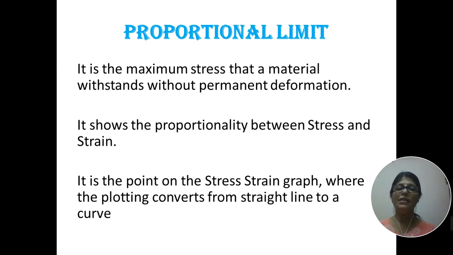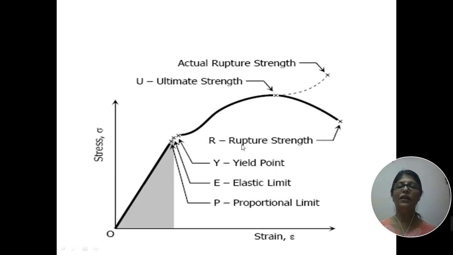It is the point on the stress strain graph where the plotting converts from a straight line to a curvature. Now here you can see this is a straight line. This is the proportional limit, and from here the straight line converts to a curvature.